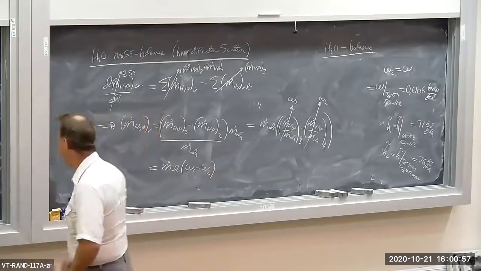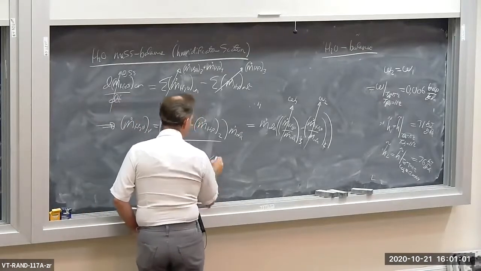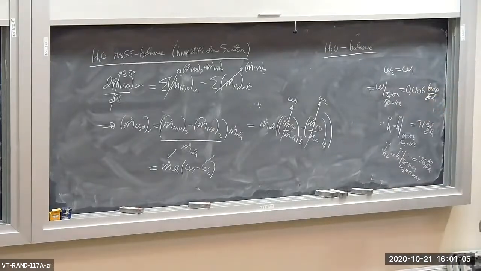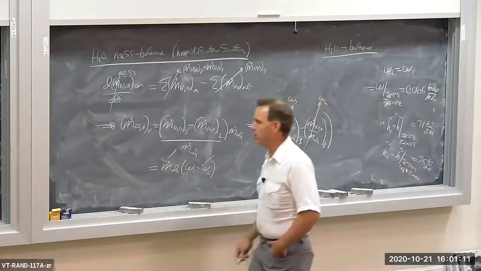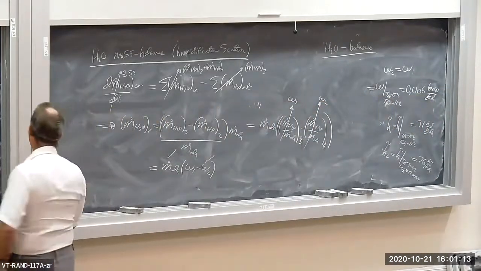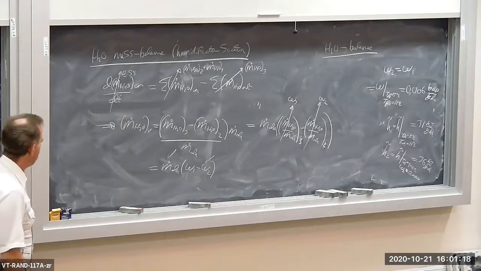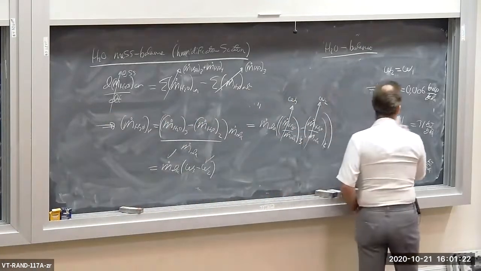Now I have m dot for the dry air. I already calculated it. I also have omega at the inlet of the humidification section, so there it is, 0.006. I've got that. So now I need omega at the outlet, omega 3.